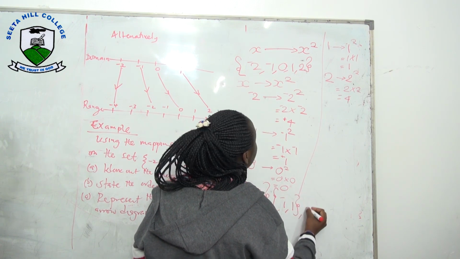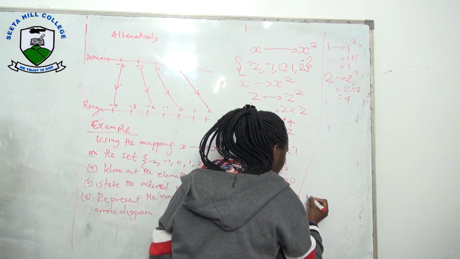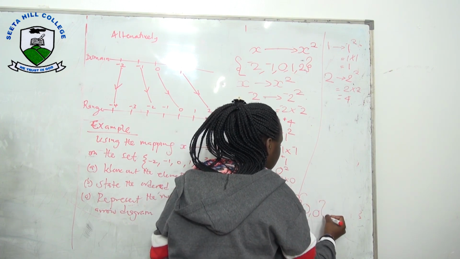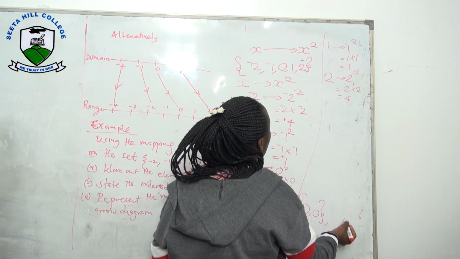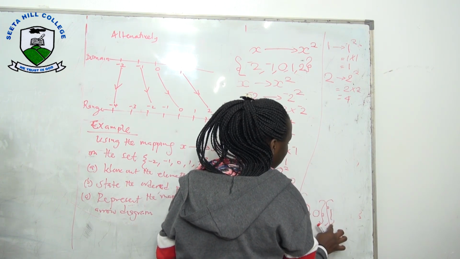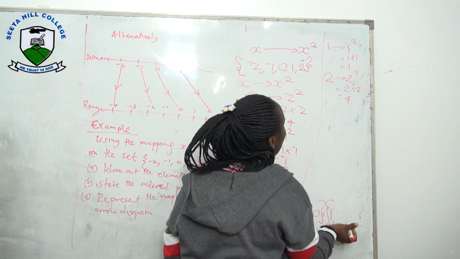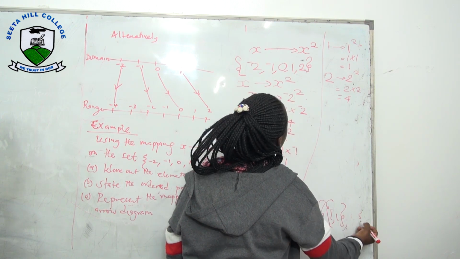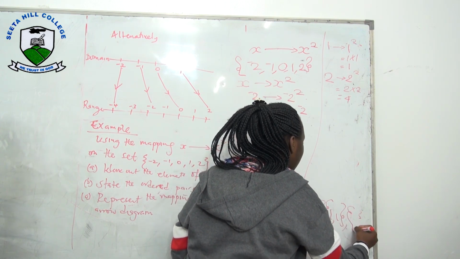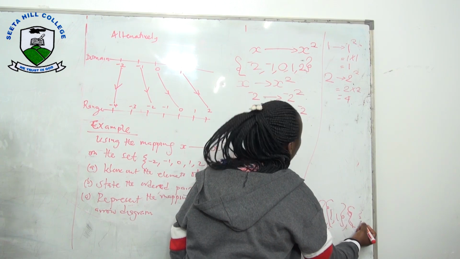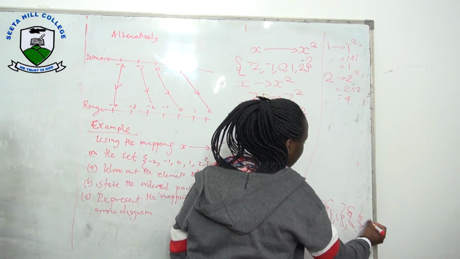Then the third, (0, 0). Then the fourth is (1, 1). Then the last is (2, 4).